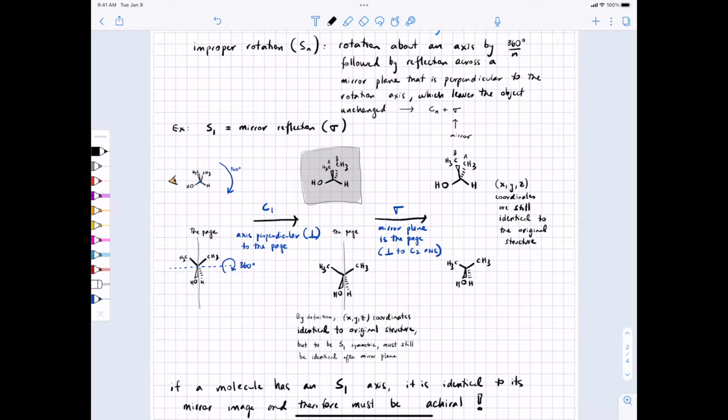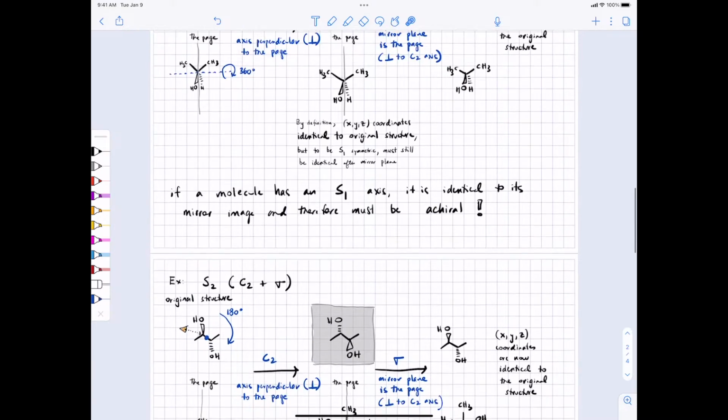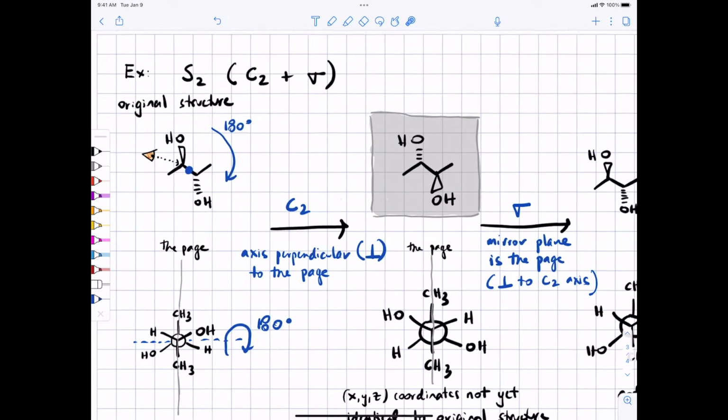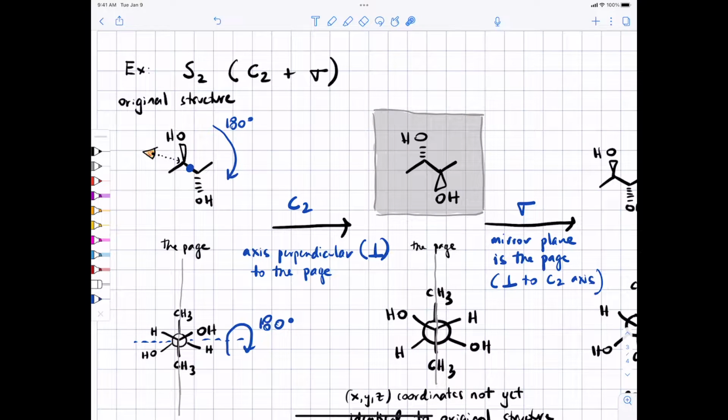It gets a little more complicated when you do improper rotations where n is greater than 1. And this is tricky and sort of what I got confused on. So I'm going to take you through an S2 rotation just in the same way as we did the S1. So here is our 2,3-butanol molecule of indicated stereochemistry.